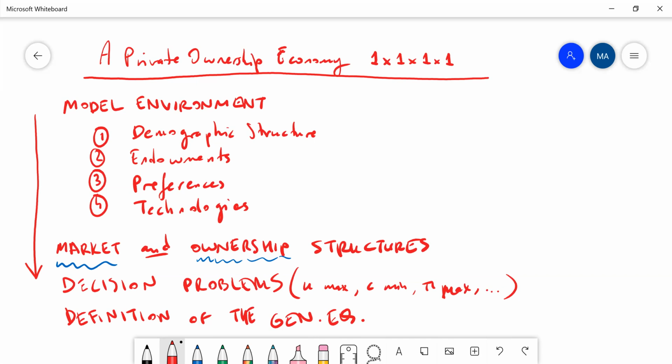Your institutions and your politics do not necessarily change that. Of course there are richer models, but in the simplest models, preferences are stable, technologies are stable, endowments are given, and the democratic structure is given. Then you talk about market and ownership structures.